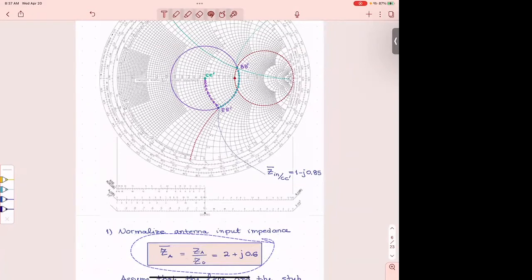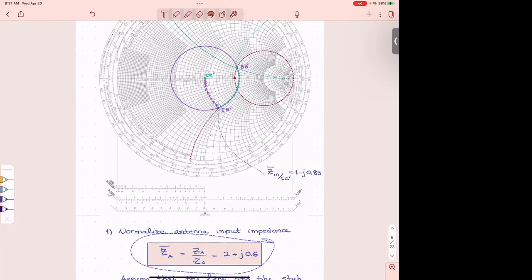For 2, I'm drawing the circle, the red one, that corresponds to a value of 2. All right, because I read the values on the horizontal axis. So 2 is here, where I have the dot, and this red circle that goes through the red dot, all of the points on this red circle have a real part which is 2.0. Okay, now I still do not know where my point is. So now I'm looking at 0.6.